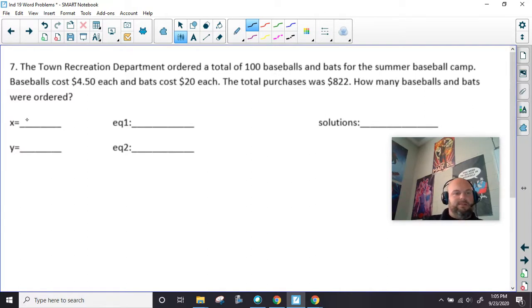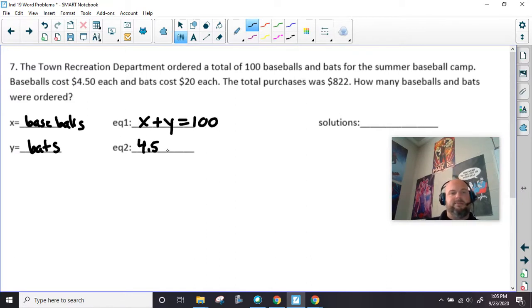So we're going to say X is the baseballs, and this is the bats, and together there's 100 of them. Baseballs cost this much, so 4.5x plus 20y equals 822.